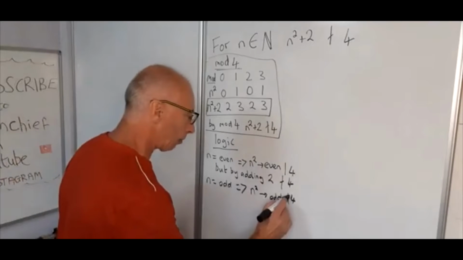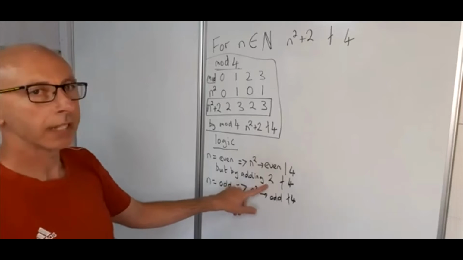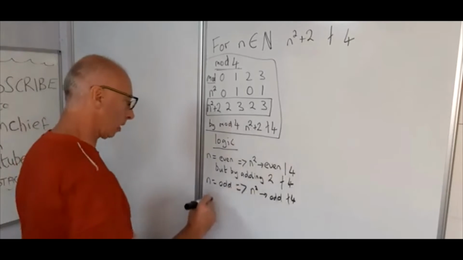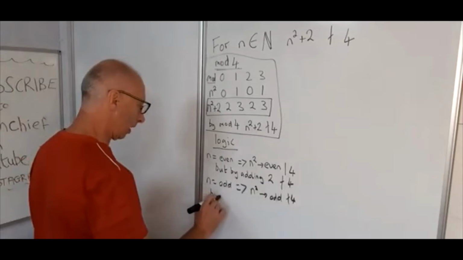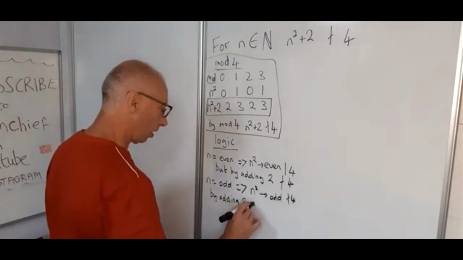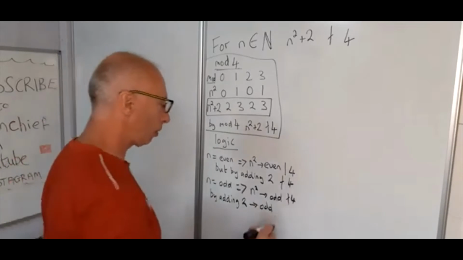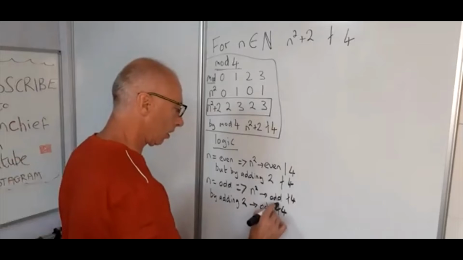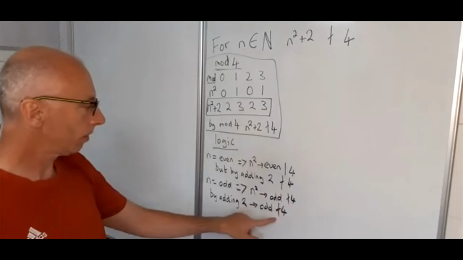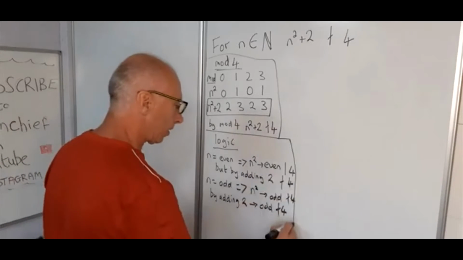So therefore this is not even. And then by adding 2, we still get an odd number, and all odd numbers are not divisible by 4. So that's the symbol again, divisible by and not divisible by. Okay, that's the logic method.